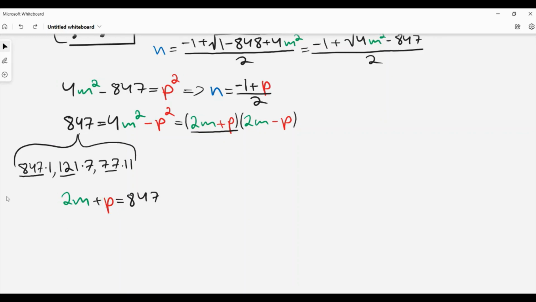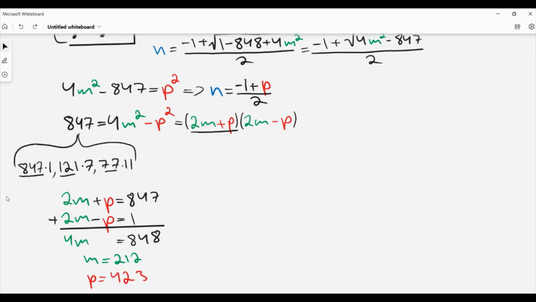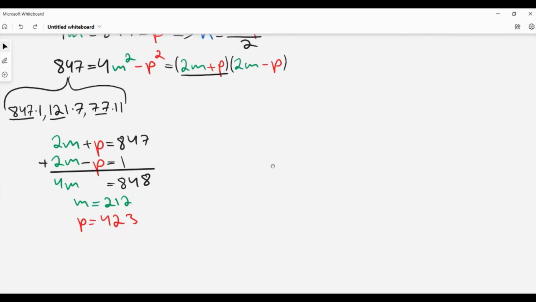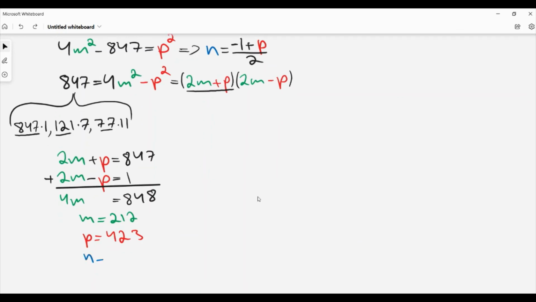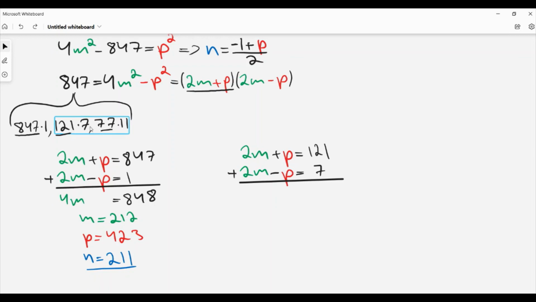So either 2m plus p equals 847 and 2m minus p equals 1. And if we solve that, we get this right here. So m equals 212, then p equals 423 just by plugging in, and then n equals negative 1 plus p over 2, which is equal to 211. So that's one of our possible values of n. Now our second system is 2m plus p equals 121 right here, and 2m minus p equals 7.